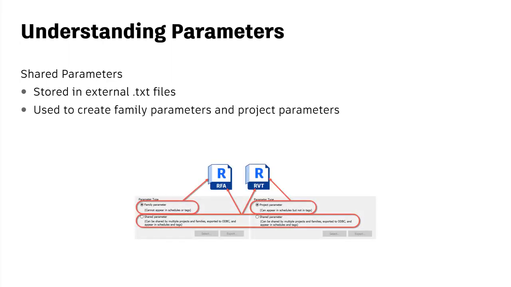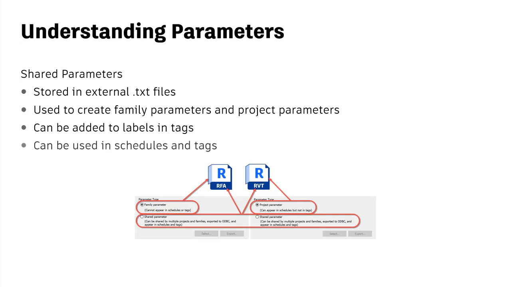Then they can be added to a label in a tagged family. Because the definition of a shared parameter is stored in a separate file, not in the project or family, it is protected from change. For this reason, shared parameters can be tagged and scheduled. Shared parameters essentially bridge gaps so that a parameter can be added to a loadable family and/or a system family.